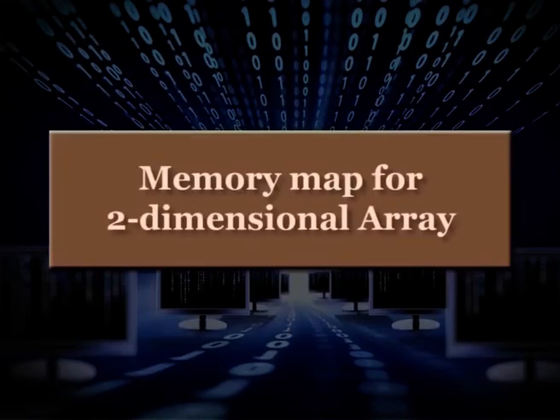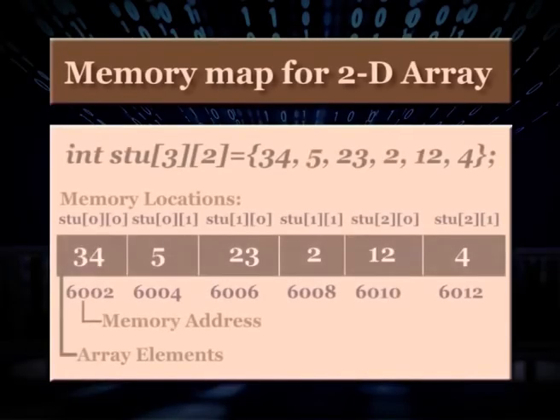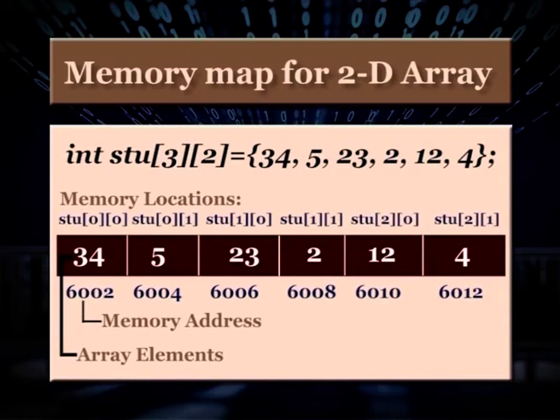Memory map for 2-dimensional array. Elements of any dimensional array are stored in continuous memory locations. So the arrangement of array elements of a 2D array in memory is as shown. By this type of memory representation, we can easily refer to the value corresponding to an array element.